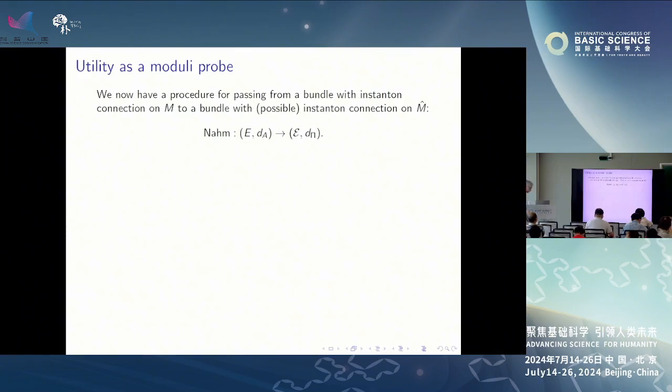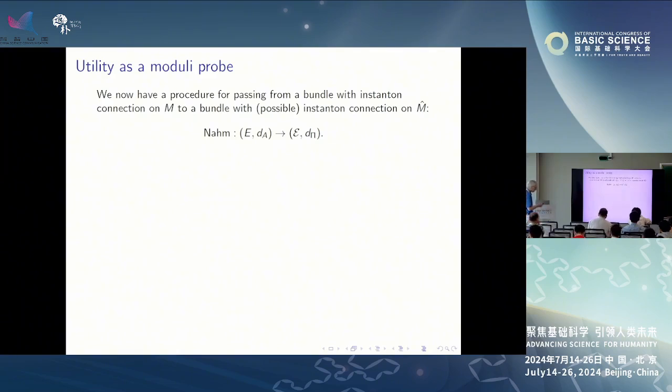Okay, so remember we introduced the Nahm transform as a probe of the structure of the moduli space. So if it's a probe, this Nahm transform better has some nice properties. And in particular, what we'd like to do is somehow use the structure of the moduli space of instantons on the image to understand the instanton moduli space we started with.